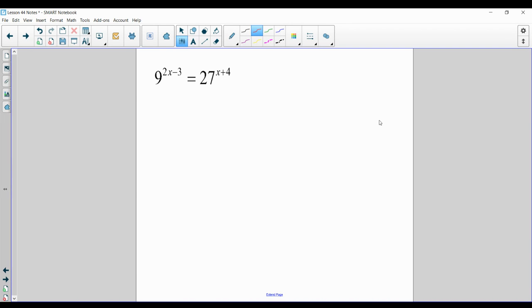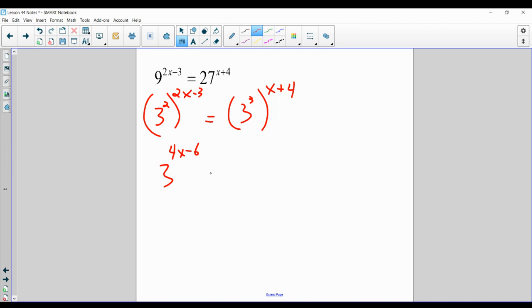Now, what if you can't take 9 and make it 27 to a power, or 27 and make it 9 to a power? Well, both of those would be 3 to a power. So I could take the 9, make that 3 squared, and 27, make that 3 cubed. Now, this one on the left here, you'd do 2 times each one of those, so that would be 3 to the 4x minus 6.